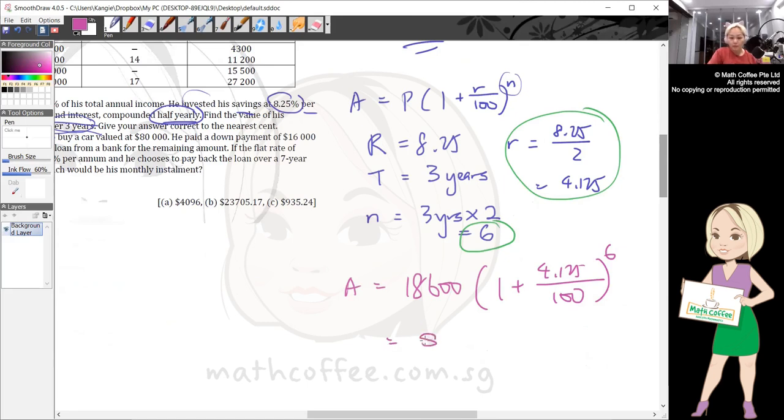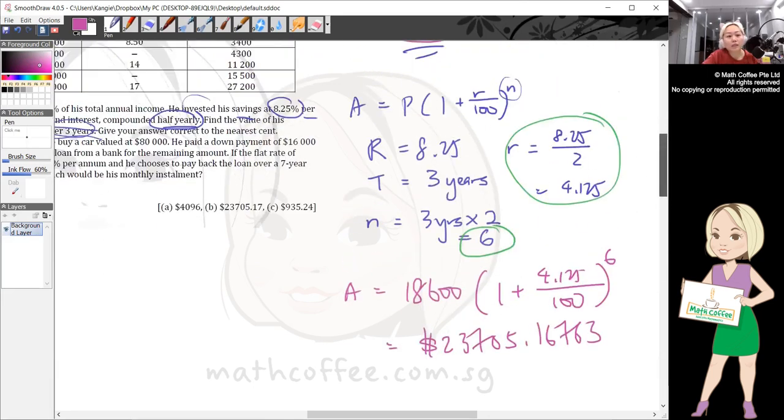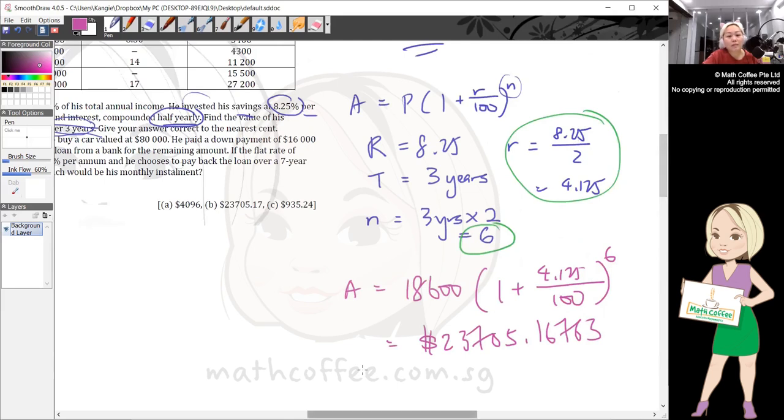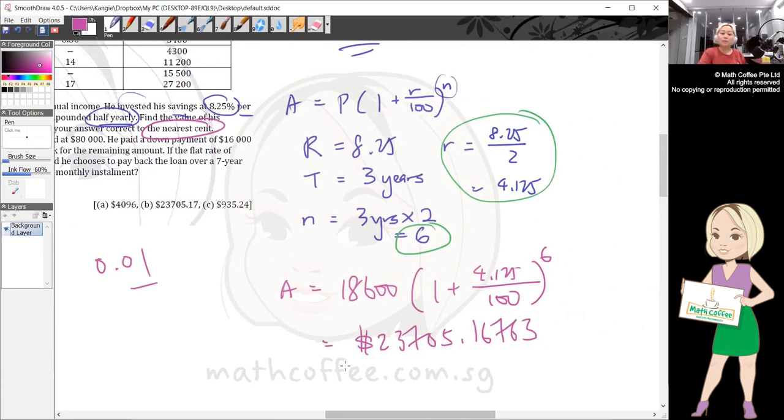I will get 23705.16763. And see whether they mention round off to whatever or not. Yes, they mention nearest cents. Take note, nearest cent means 0.01, because 1 cent, and this simply means 2 dp. So it will be 23705.17.